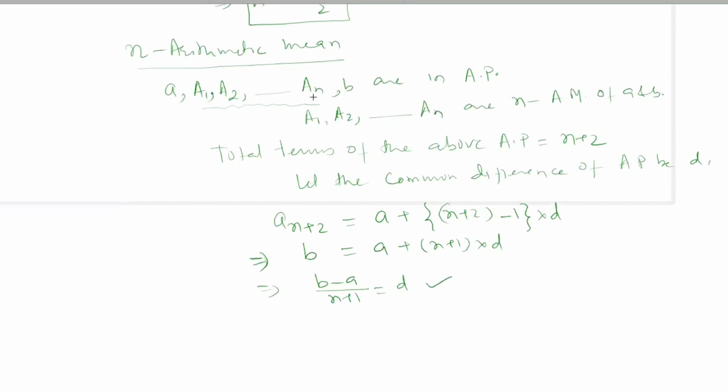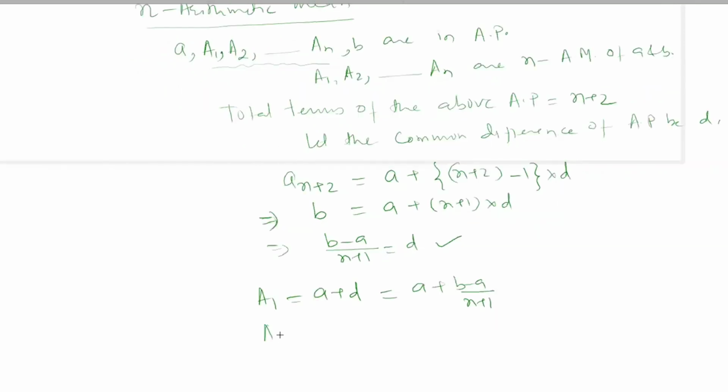Now I can find all those terms. A1 is nothing but A plus D, so A1 is A plus (B minus A) upon (n plus 1). Secondly, A2 is nothing but A plus 2D, because that's my third term, and that is equal to A plus 2 times (B minus A) upon (n plus 1).